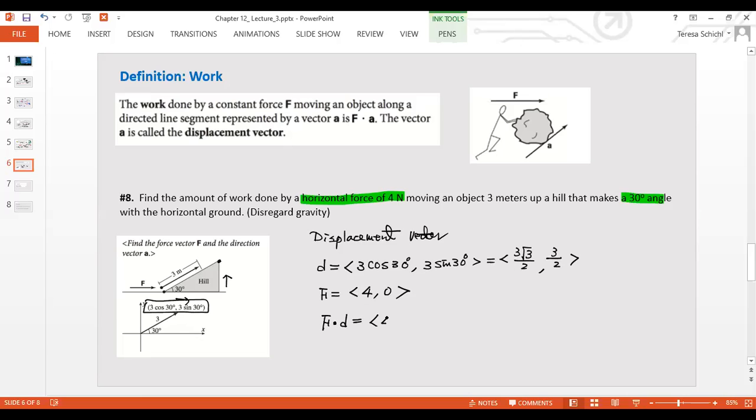So this will be the dot product of (4, 0) with (3 square root of 3 over 2, 3 over 2). If you do that, we get 6 square root of 3, and we know the units here are joules.